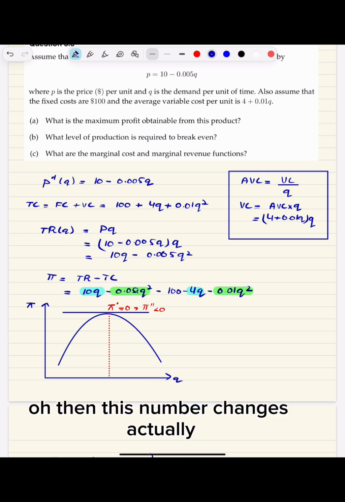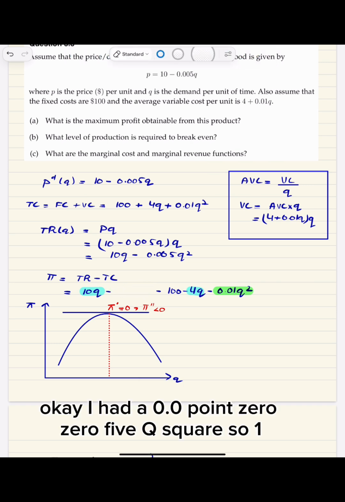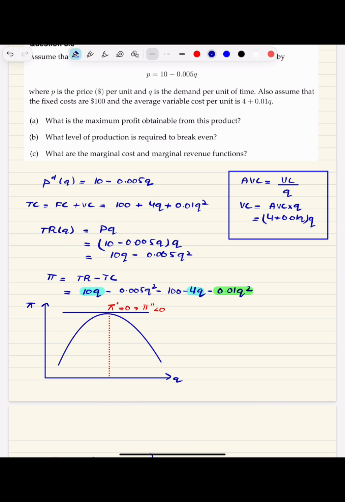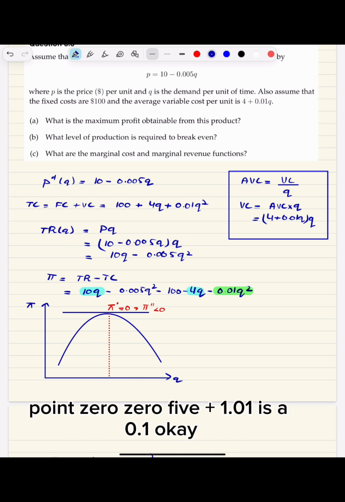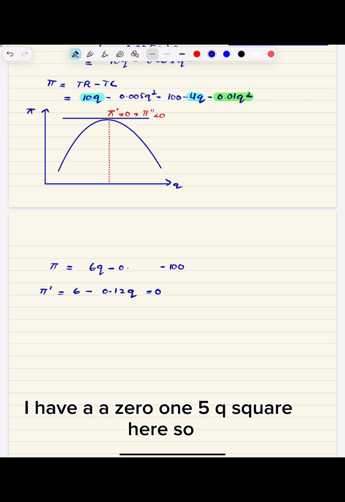Oh, then this number changes actually. Let me just erase this part. Okay, I had a 0.005Q squared. So 0.005 plus 0.01 is 0.015. Okay, so this changes as well. I have a 0.015Q squared here.